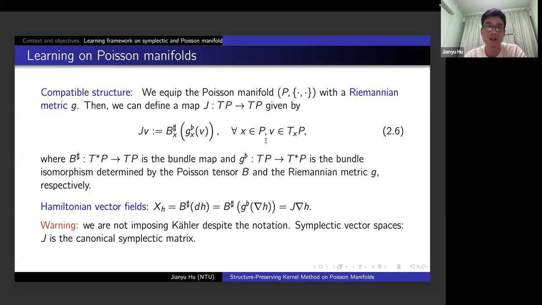So using this compatible structure J, we can rewrite the Hamiltonian vector field as the composition of the compatible structure and the Riemann gradient operator. Notice that here we are not imposing a kernel manifold despite the notation. In the case of symplectic spaces, this compatible structure J is the canonical symplectic matrix.